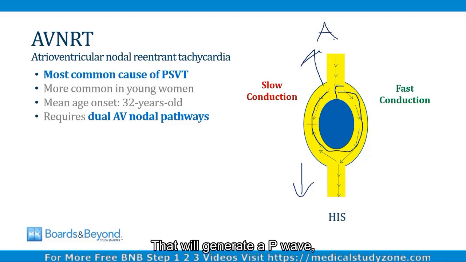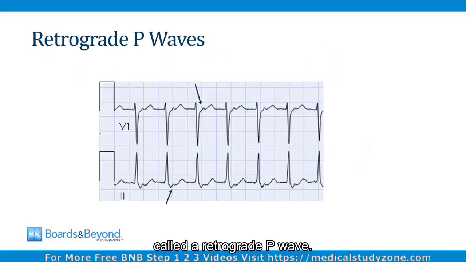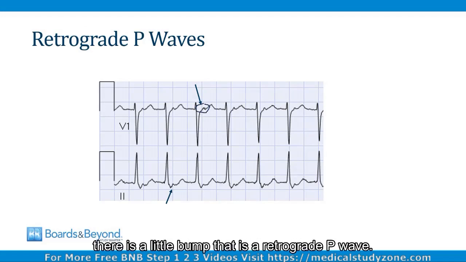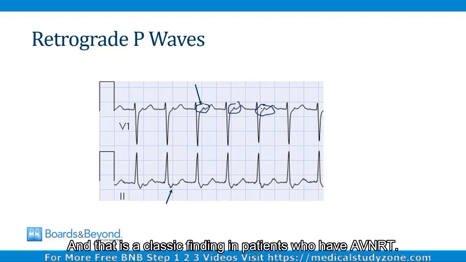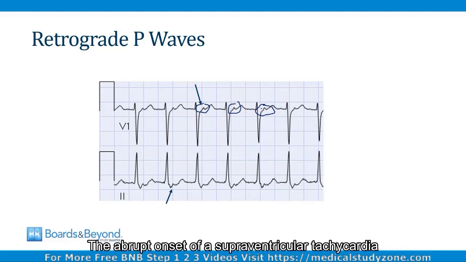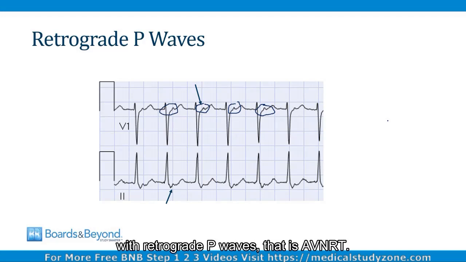That will generate a P wave, but it will be a special kind of P wave called a retrograde P wave. Here is an ECG of a patient with AVNRT, and after each QRS complex there is a little bump. That is a retrograde P wave. You can see one coming after each and every QRS complex, and that is a classic finding in patients who have AVNRT. The abrupt onset of a supraventricular tachycardia with retrograde P waves, that is AVNRT.